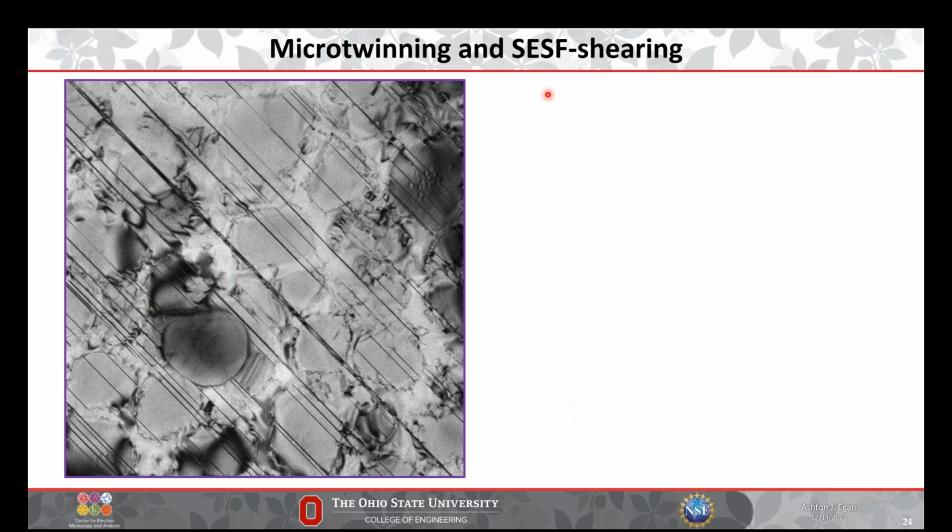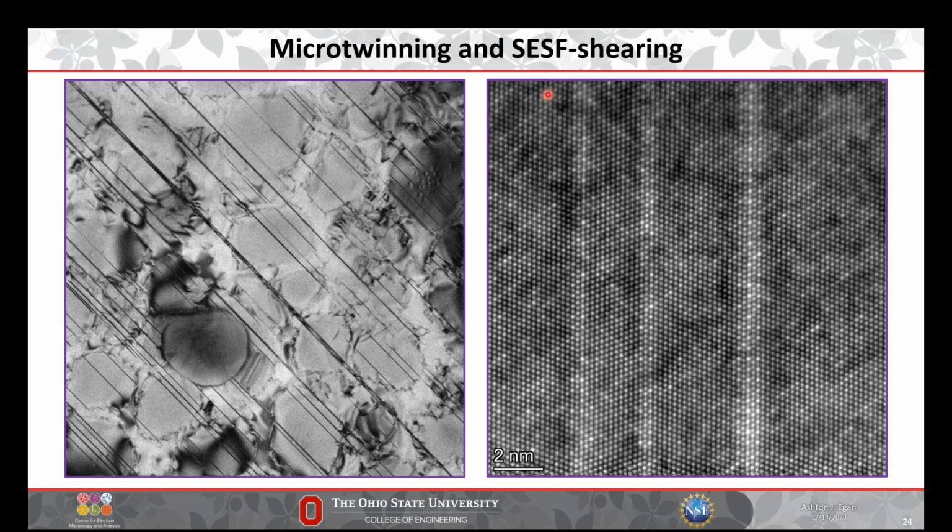Okay, so back to these microtwins that we had looked at earlier. So here they are. And this is basically what these look like in the wild. So here's a microtwin on the left and then an SESF on the right. Basically the thing you see on the right evolves into the thing you see on the left. And you can see there's some bright trace along the interface of the microtwin, and the SESF is also kind of bright.